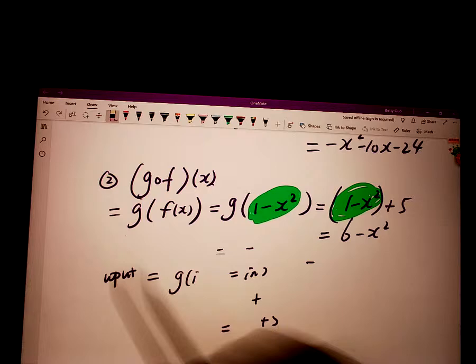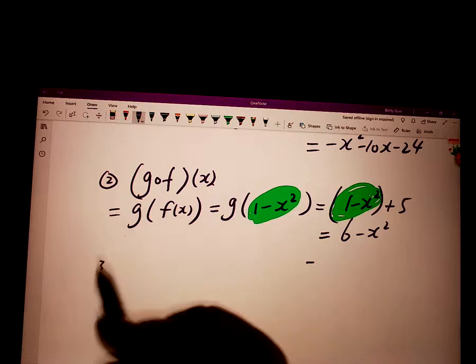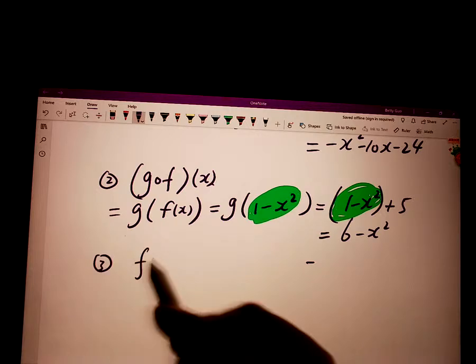We have two more parts to go. Part 3, we need to find f circle g of negative 1.